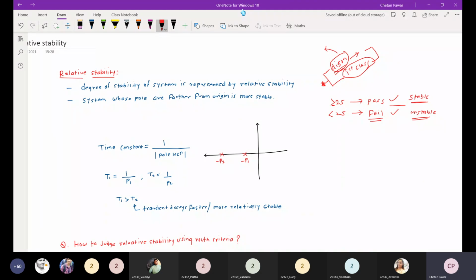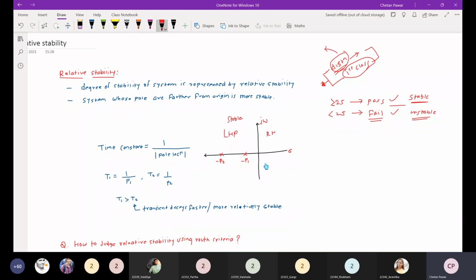So there is a concept called relative stability. In a control system, a system whose poles are farther from the origin is more stable. Our decision boundary in the S domain is the imaginary axis. If a pole lies in the LHP, the system will be stable.